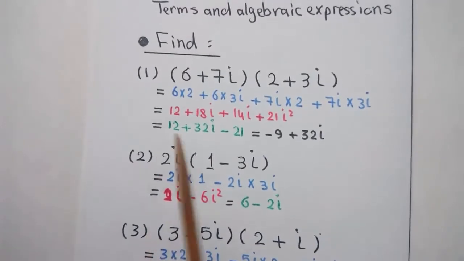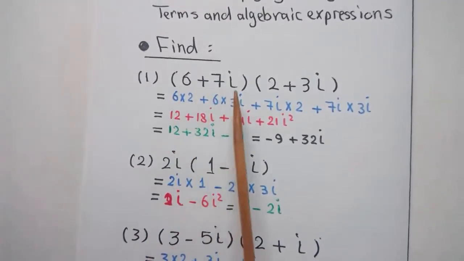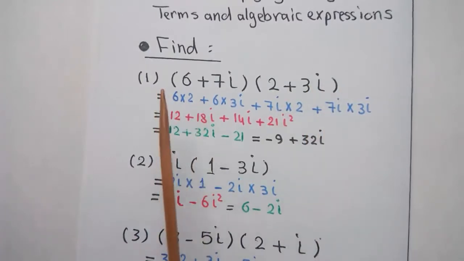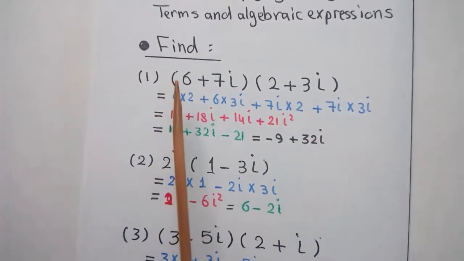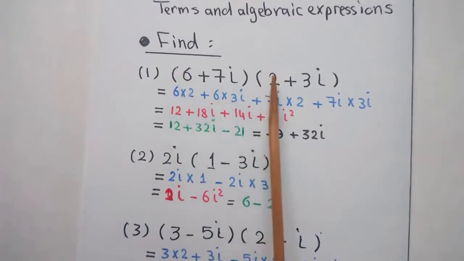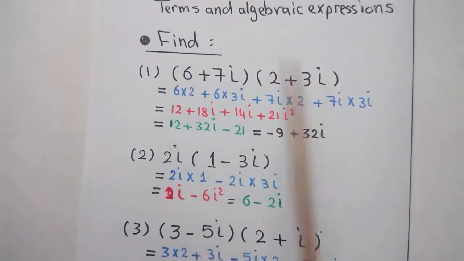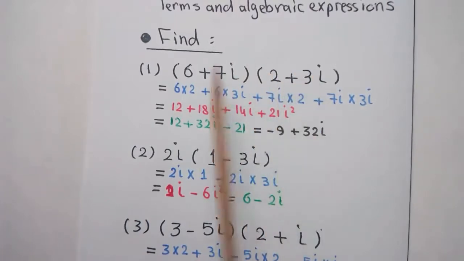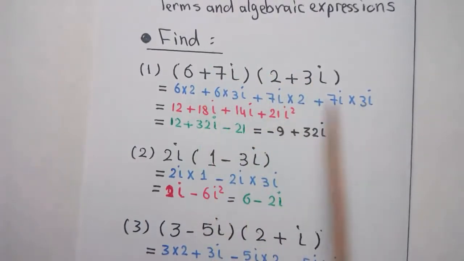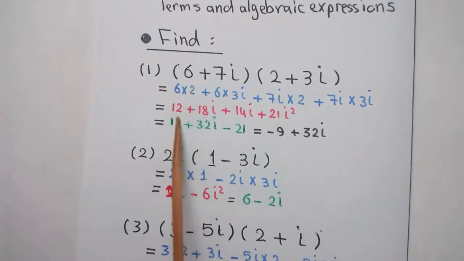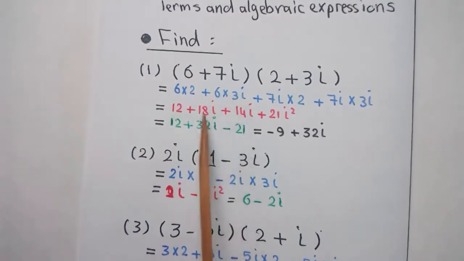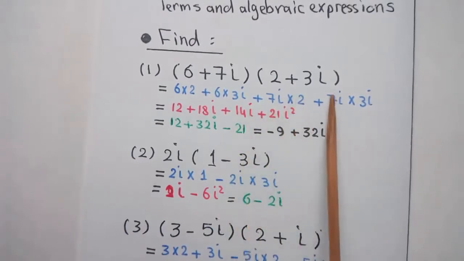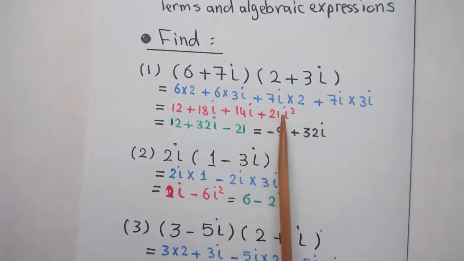For example, (6 plus 7i) times (2 plus 3i). ممكن بالسمبل سبيس بتاعتنا نقول 6 times 2, 6 times 3i, 7i times 2, 7i times 3i. يبقى 12, 18i, 14i, 21i power 2.